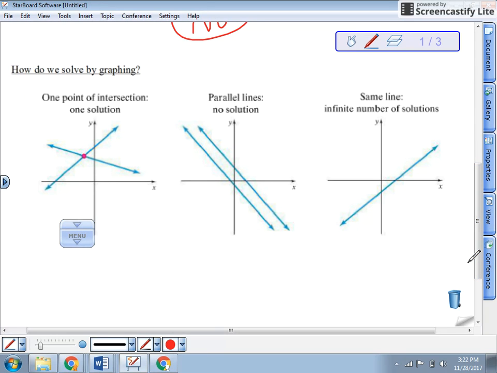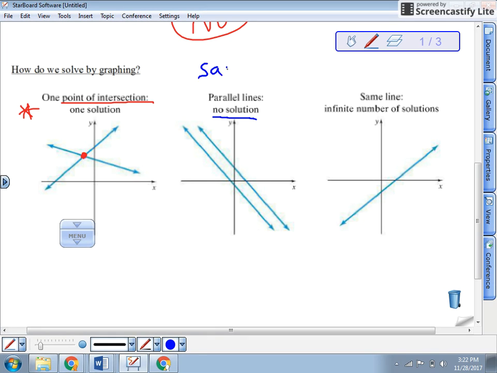Well, there are actually three possibilities for your solution. The first one, and the one that we're going to see most often, is that our solution is the point of intersection right here. That is an ordered pair. So that's what most of these examples will be. What if there is no intersection, like parallel lines? Well, if there are parallel lines, then it's no solution. And how do you know if it's a parallel line?